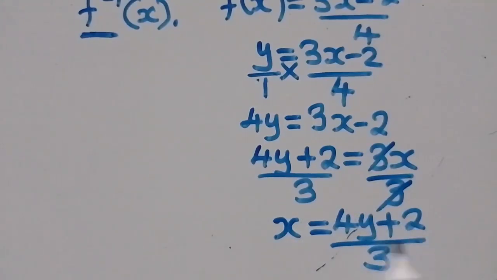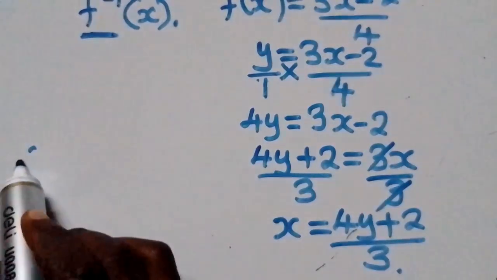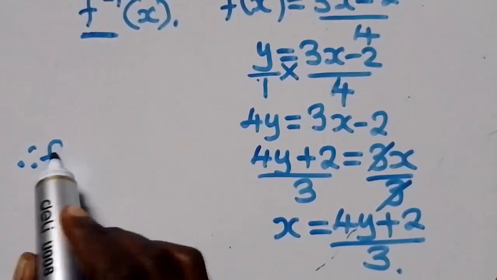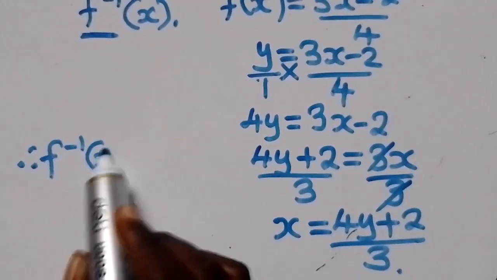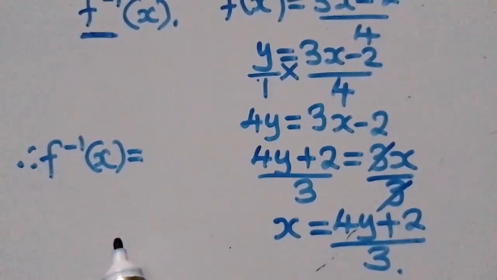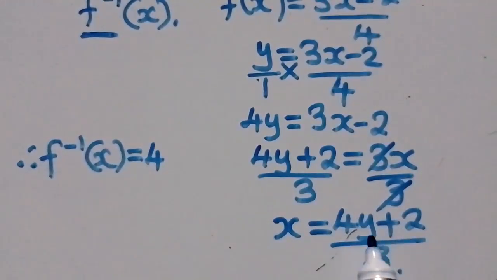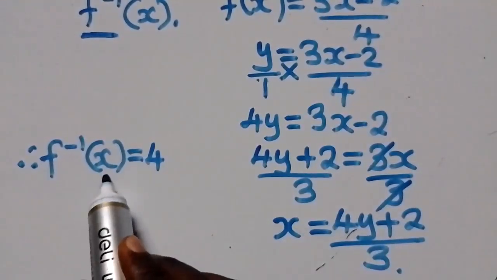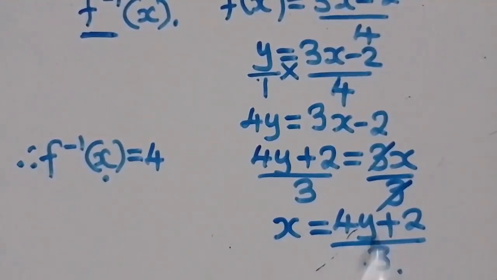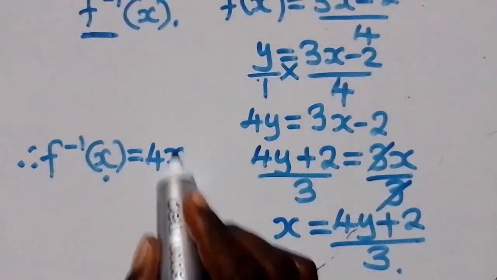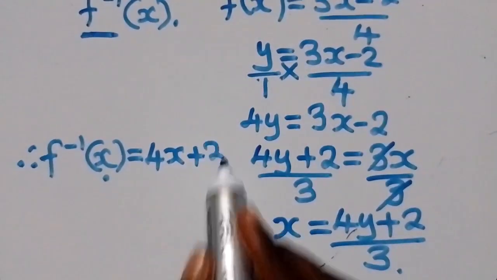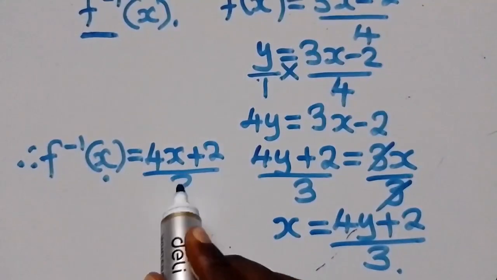Once you make x the subject of the formula, then you just conclude and say, therefore, f inverse of x is now equal to 4, but where there is y there, you put x. So 4x plus 2 over 3.